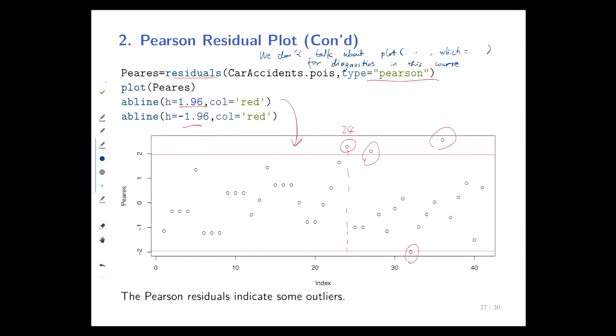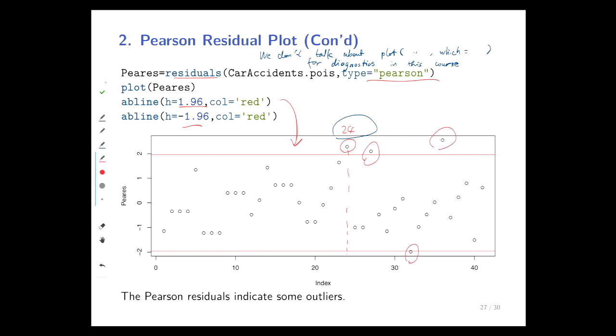Firstly, we use this plot to check whether or not some observations satisfy the model assumptions.